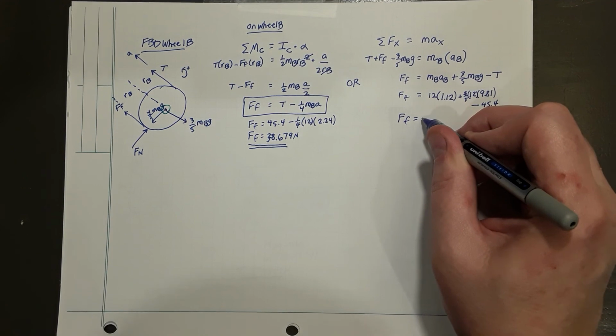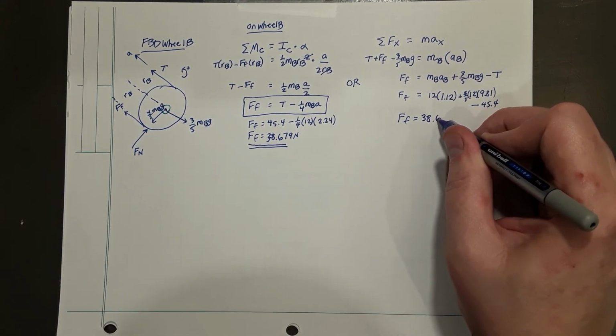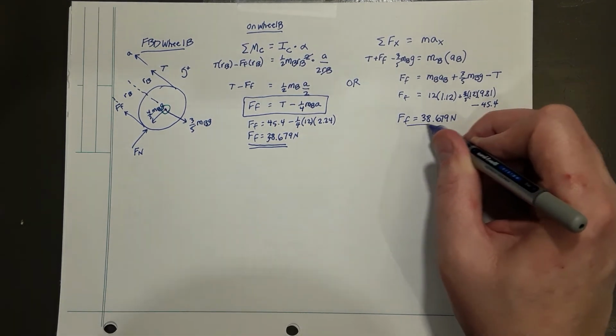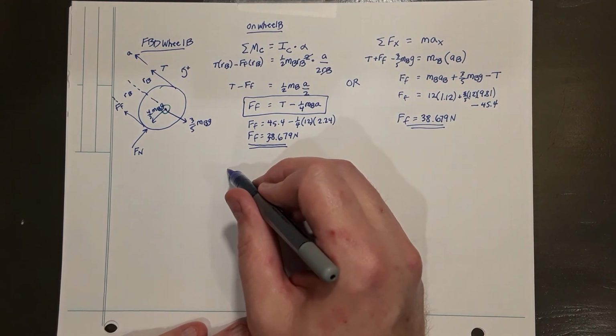And if you multiply this out, you will get 38.679 newtons. So it's clear that the force of friction is the same. Remember, this is static friction. It is the force that is required in order to keep this thing moving in the specified direction without slipping, forcing it to roll.